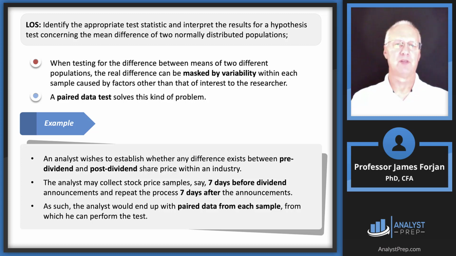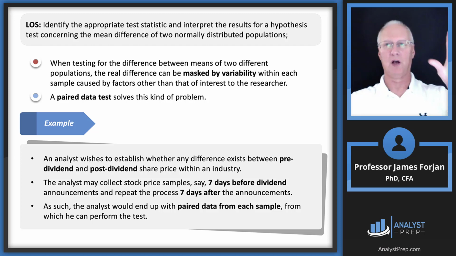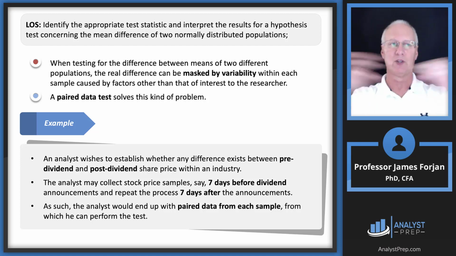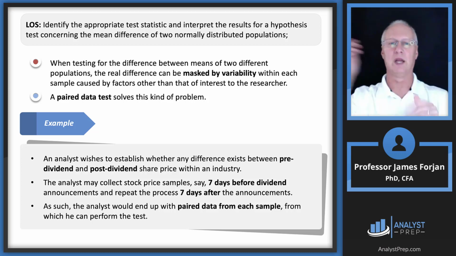How about this concept here? Sometimes the difference between the means of these two populations can be the result of the relationship that we think of, but it might be the result of another relationship that we're probably not too interested in.